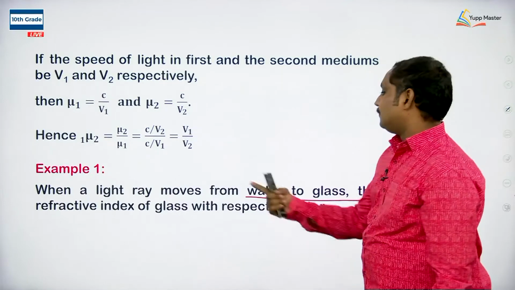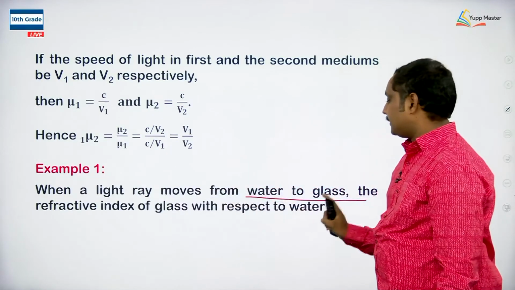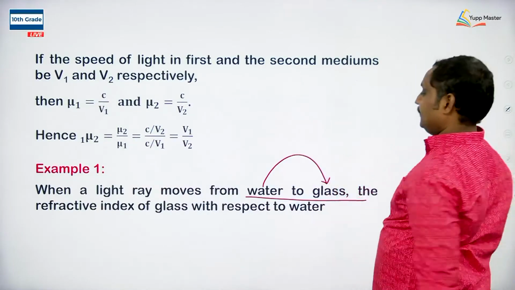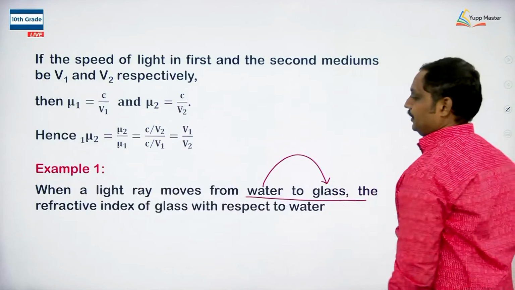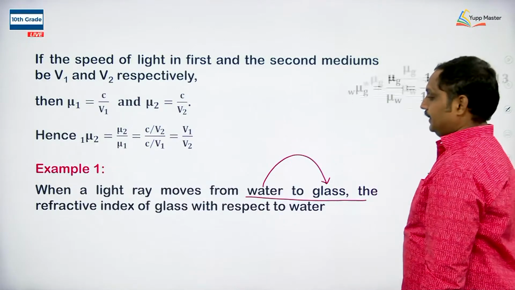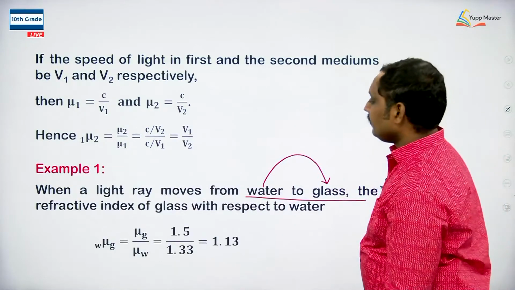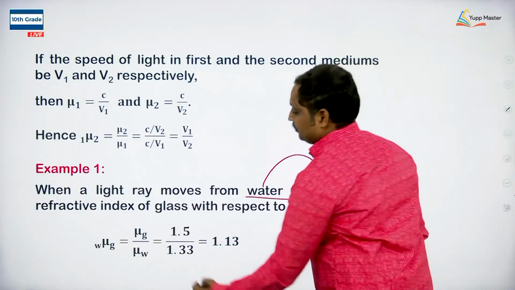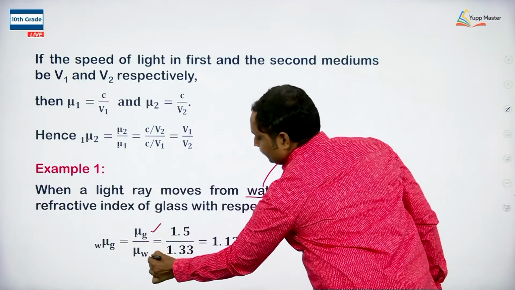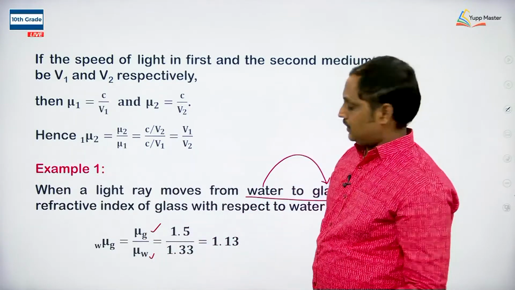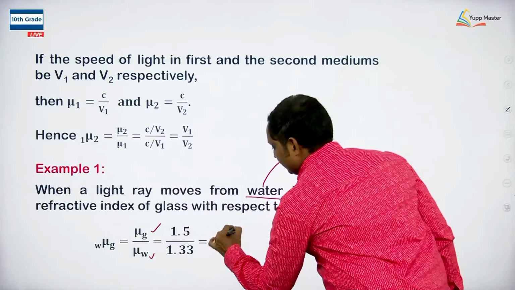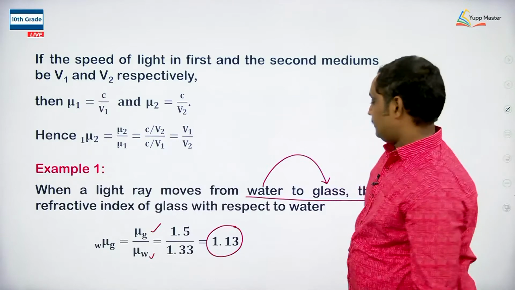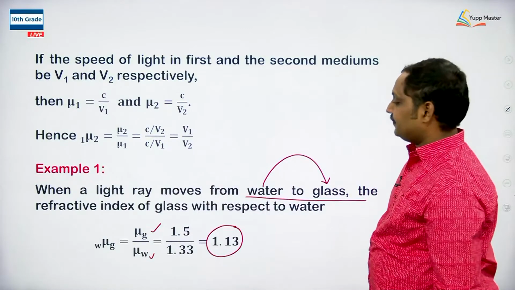The refractive index of glass with respect to the water is represented by mu g w. So, this is the refractive index of glass, this is the refractive index of water. Easily you will find out that it is 1.3 by getting the calculations.